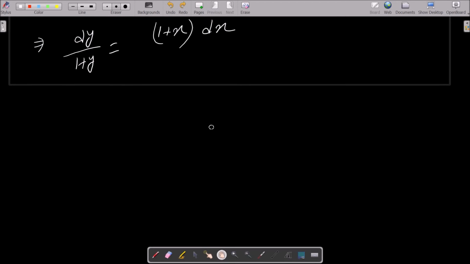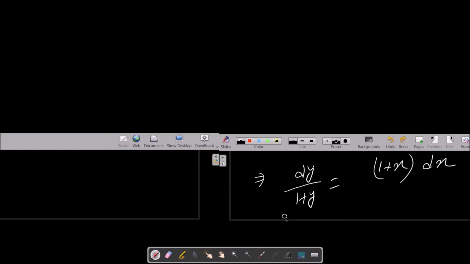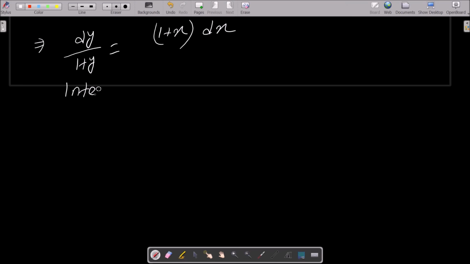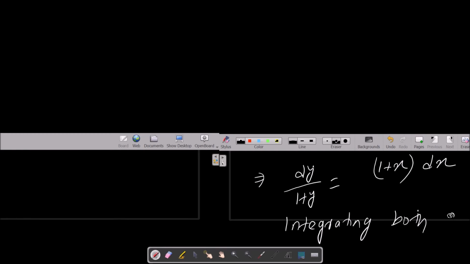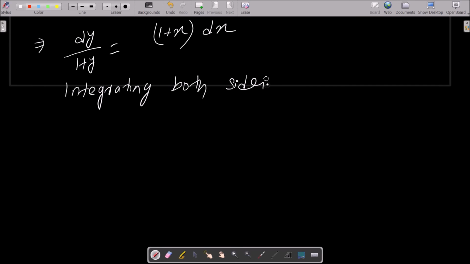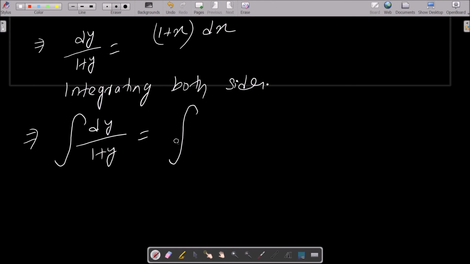So doing the integration on both sides. So here we can write dy by 1 plus y, and this is now 1 plus x dx.